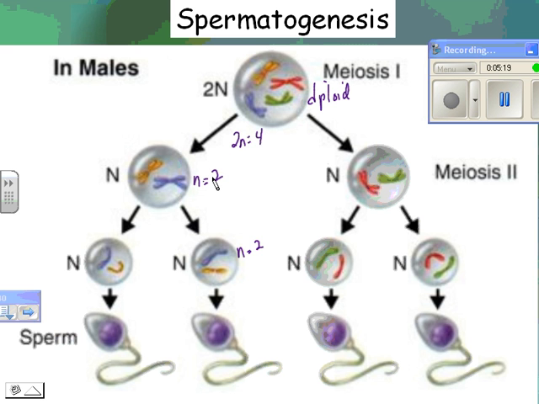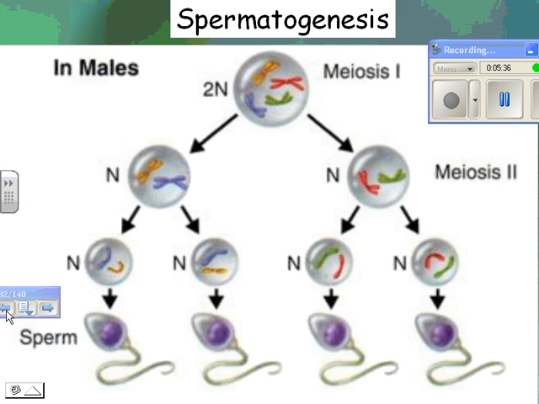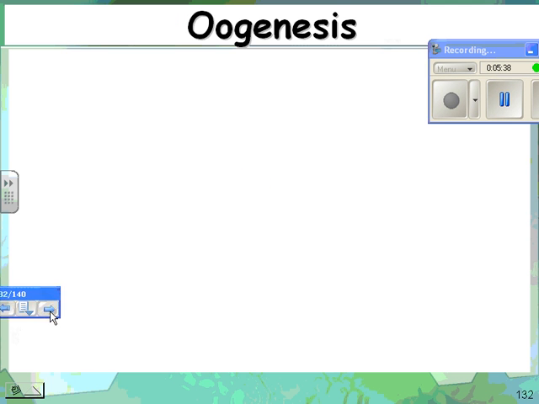These have the homologous pairs have separated out. So these are haploid. These are also haploid, and the difference between them is that these are unduplicated chromosomes and those are duplicated chromosomes. So spermatogenesis ends up making 4 sperm for each cell that you start with.